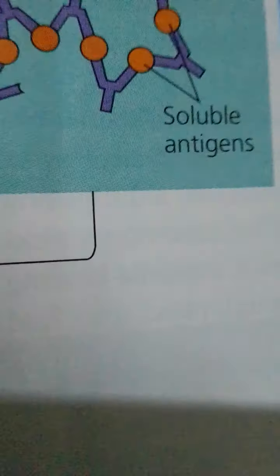Antibody-mediated agglutination, the clumping of bacteria or viruses, forms aggregates that can be readily phagocytosed by macrophages. Agglutination is possible because each antibody molecule has at least 2 antigen binding sites that can bind to identical epitopes on separate bacterial cells or virus particles, linking them together.